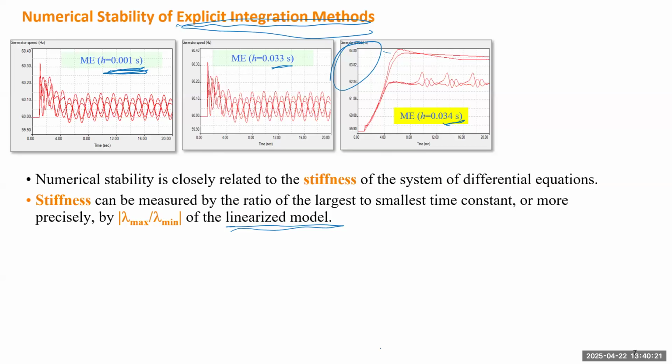Okay, so just think about one example. If I have a system which has only one eigenvalue, or all eigenvalues stay pretty close, to simulate this system you only need to know the period characterized by the eigenvalue.